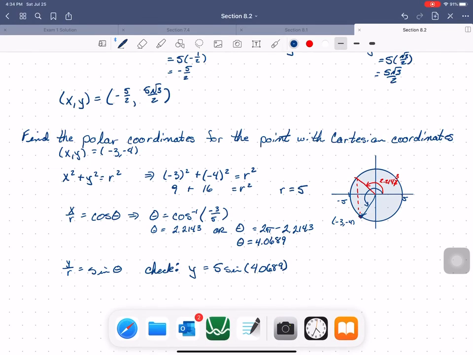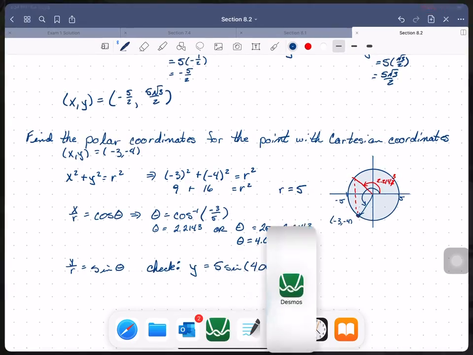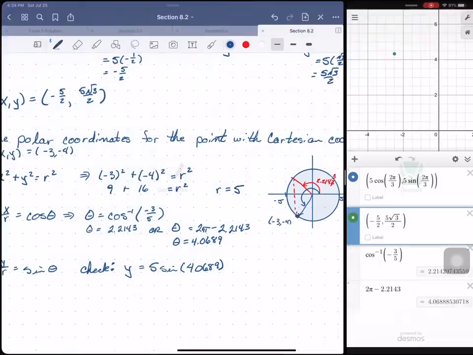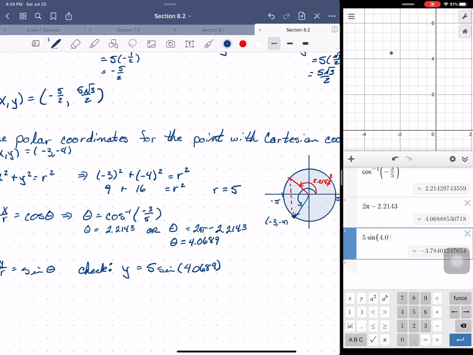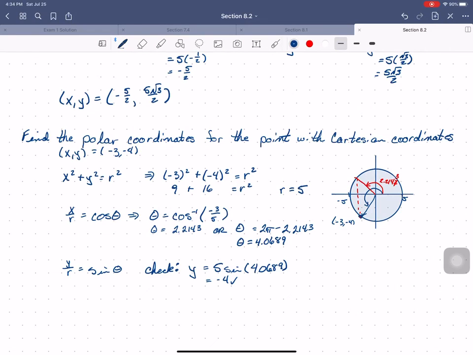And it should be -4 if we've done everything right. And it is. So that checks. So my r, theta is equal to 5, 4.0689.